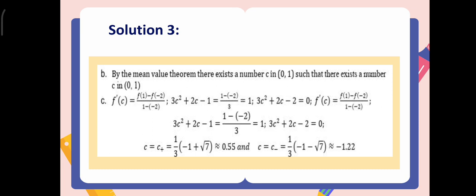So this one, right here: (1 - (-2)) / 3 is equal to 1. So using the property of equality, we could have 3c^2 + 2c - 2 = 0.